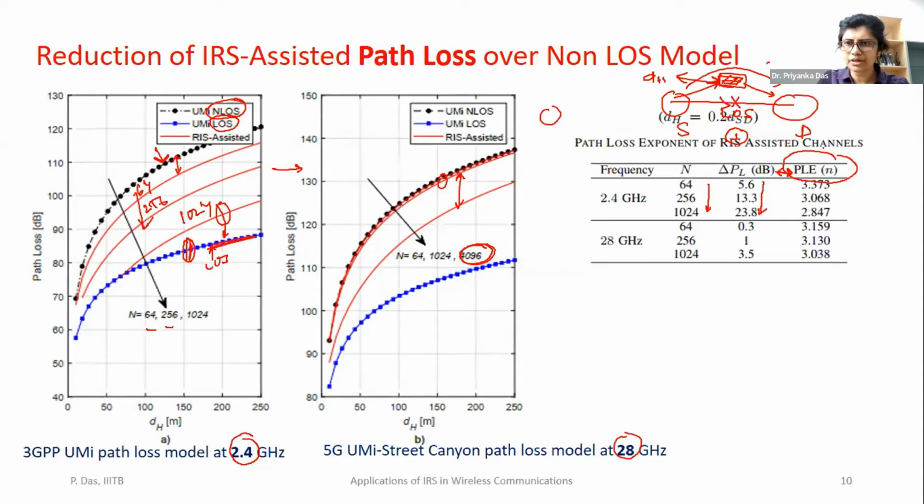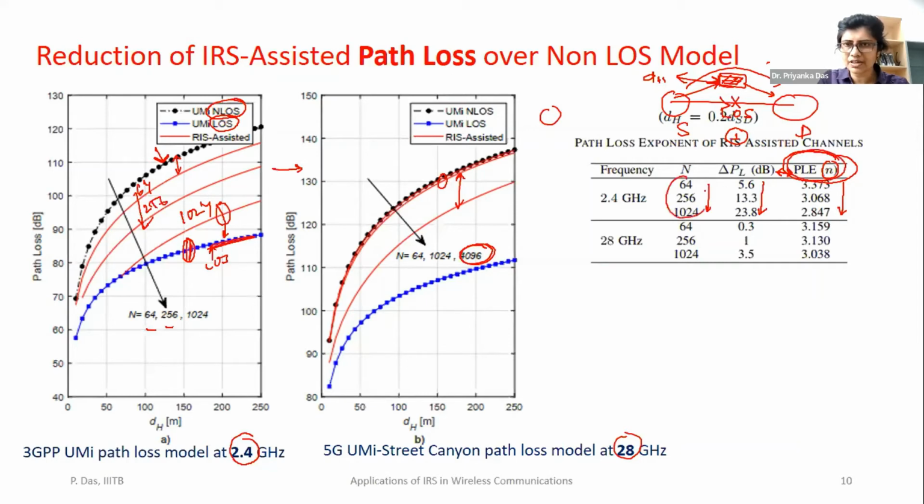So you know the simplified path loss model, which relates to your path loss exponent, and as my delta PL increases, which means your path loss is reducing, similarly the path loss exponent is decreasing. Okay, they have measured the path loss exponent.